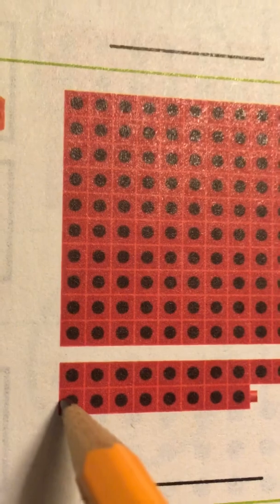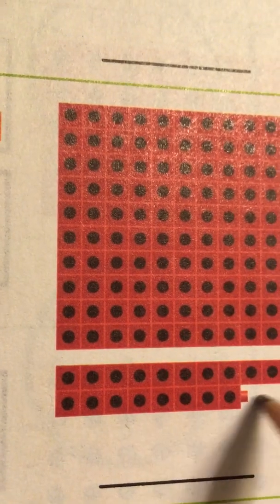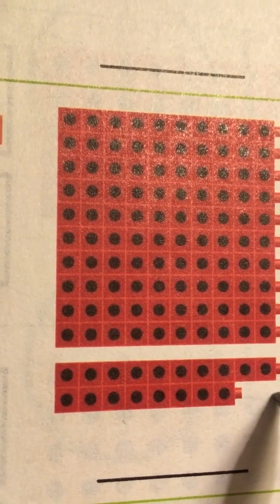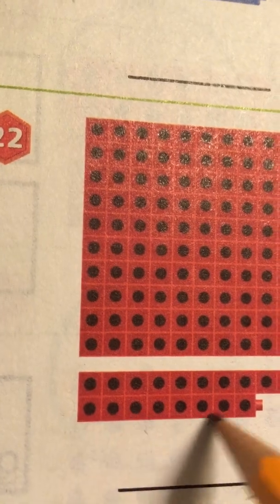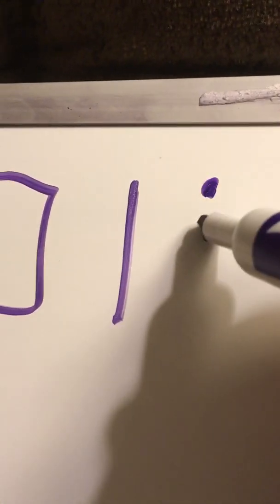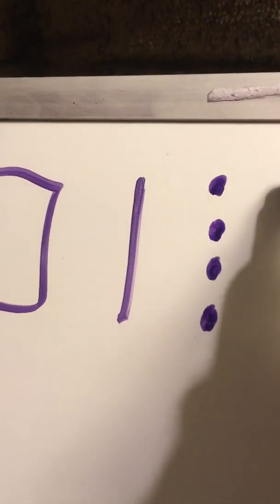And then how many ones are there? There's 8, because this doesn't quite make a group of 10, right? So these are ones. So there's 8 of them. So we represent those with dots. So draw 8 dots on your paper. 4, 5, 6, 7, 8.